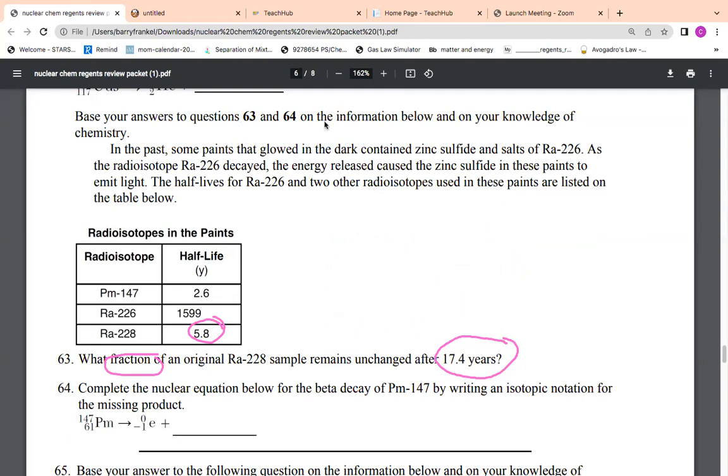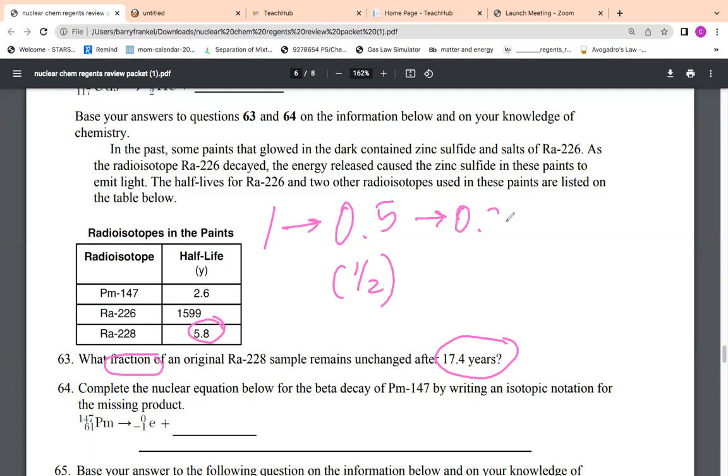Now, like I said, it does not matter at all how much you start off with. Let's just say we start off with 1 gram. After 1 half-life, and this goes for any isotope, but for this one we're specifically going through 3 half-lives. After 1 half-life, I have 0.5, or 1/2 of what I started with.